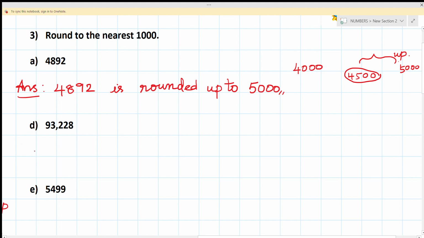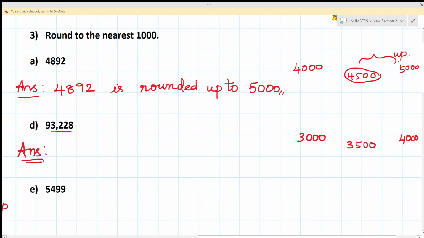Next number: 93,228. Just take the last 4 digits, that is, till the thousands digit you have to take. Now find the multiples between which the number lies. The multiples are 3000 and 4000 and the mid number is 3500.